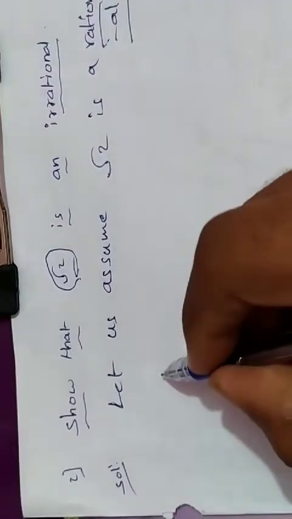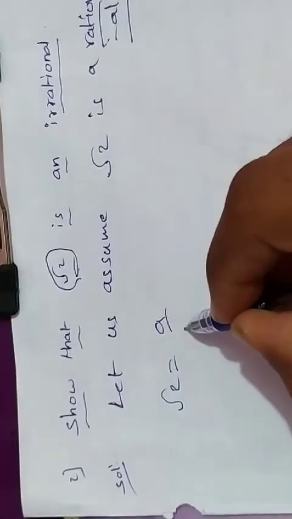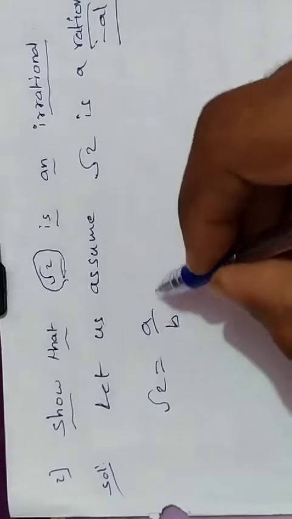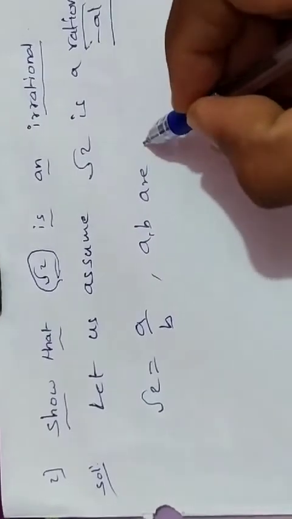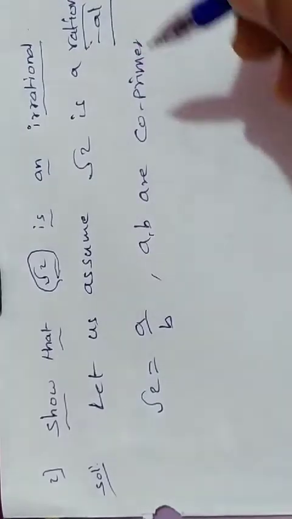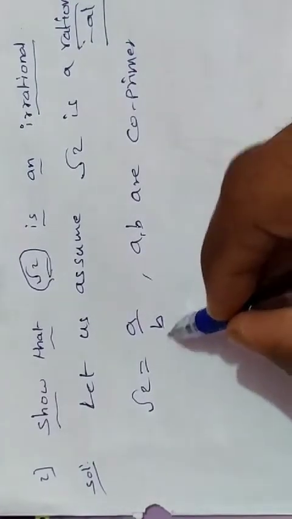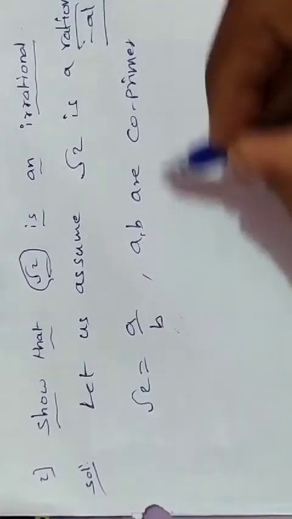So according to the definition of rational number, root 2 can be written as a by b, where a, b are co-primes.